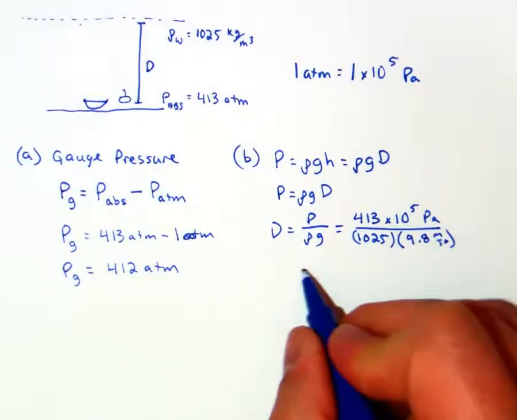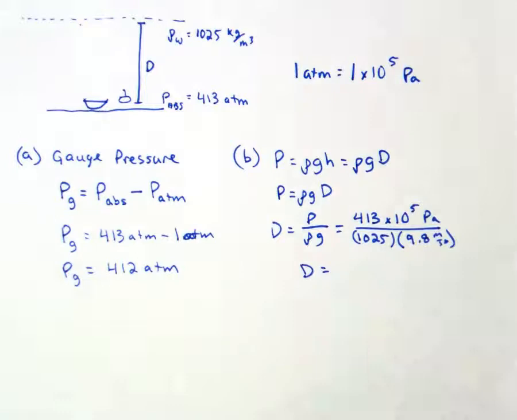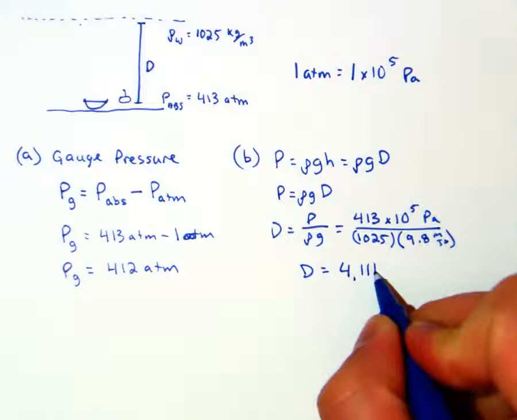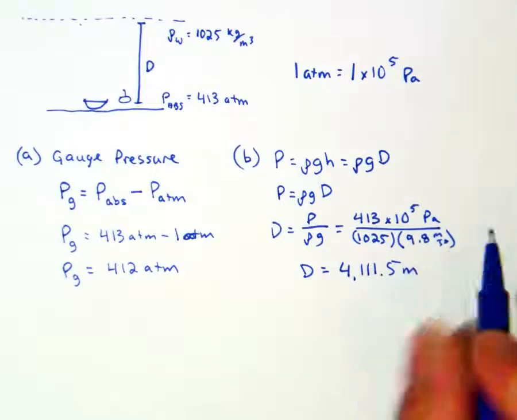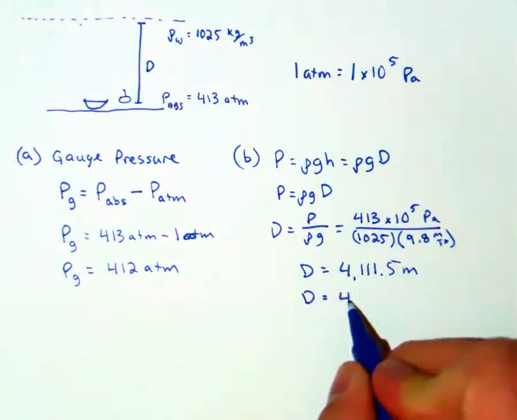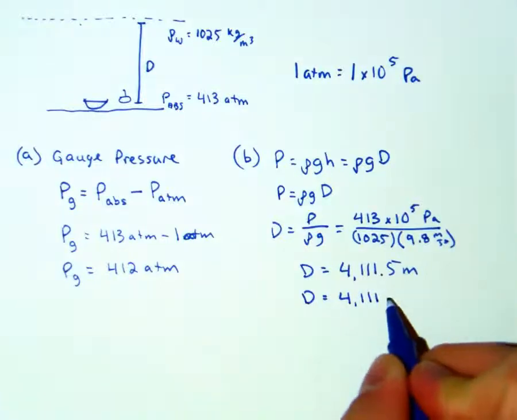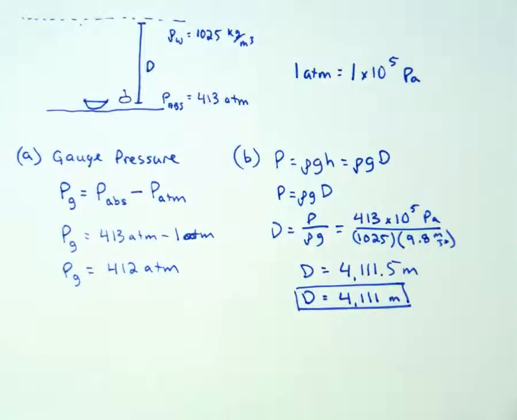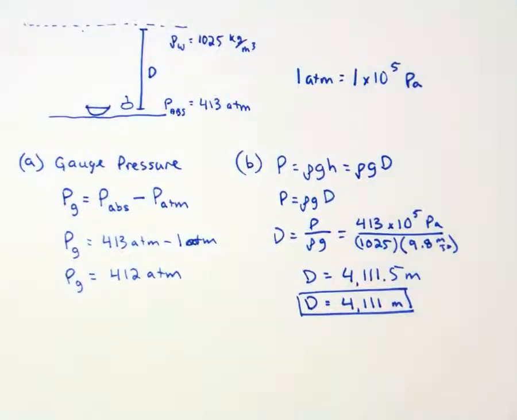If I do the math correctly, I'm left with a depth of 4,111.5 meters. Remember the rule 2 to 4? So I'm going to say the depth is 4,111 meters. That will be the depth of this ship, which is pretty deep, 4 kilometers under the surface of the water.